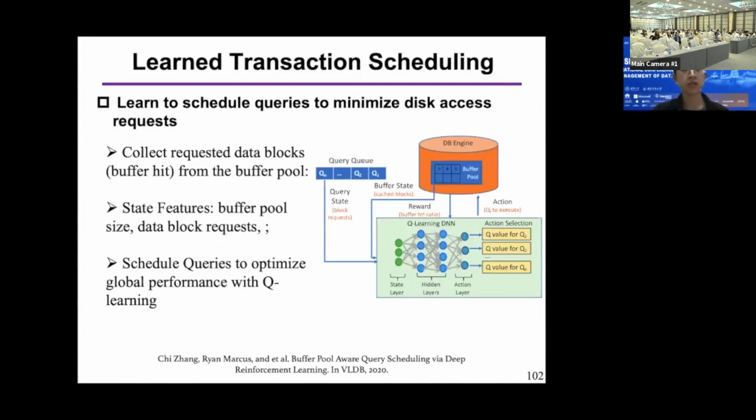It first collects the state of the requested data blocks from the buffer pool, and then it featurizes the state, like buffer pool size and the data block requests. And finally, it schedules the queries to optimize the global performance based on the state features with the RL method like Q-learning.